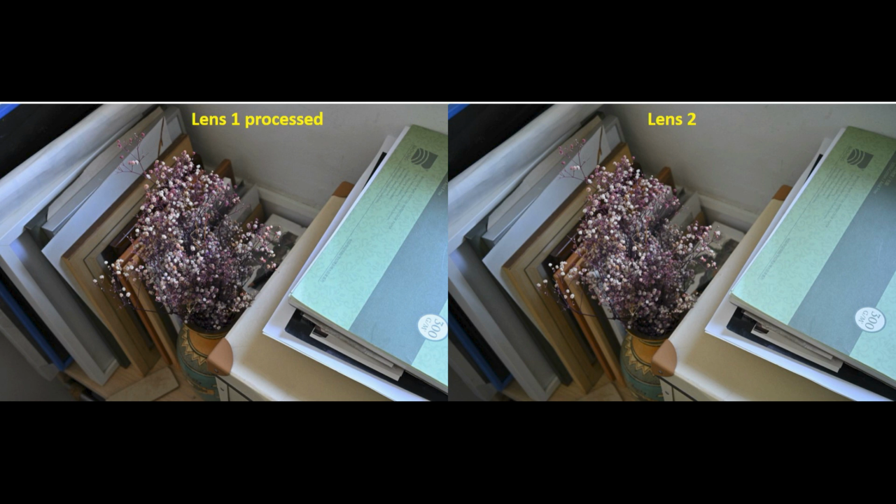Emulating the effect of some light dispersion was enough to make the images quite similar, which shows that my hypothesis is probably correct.